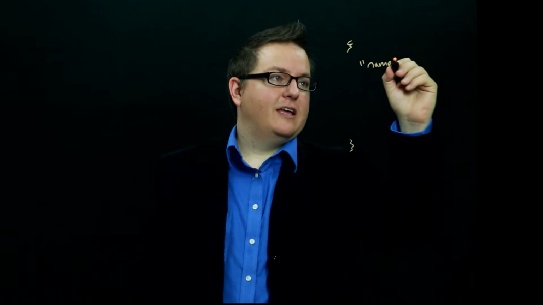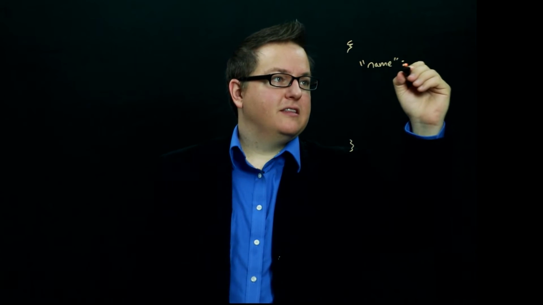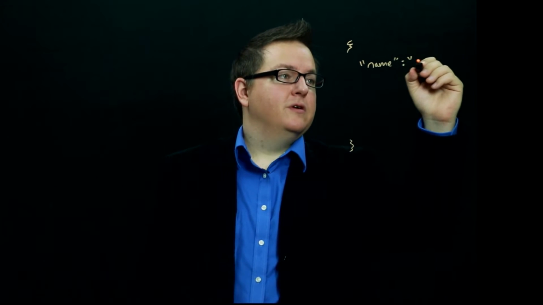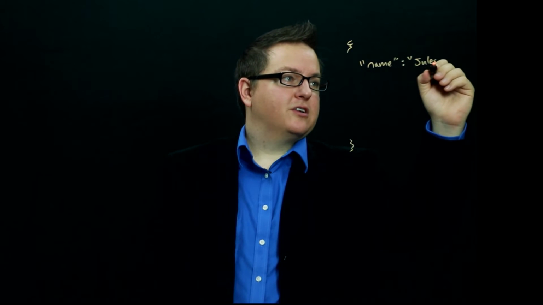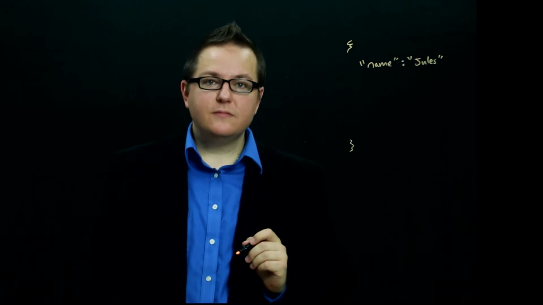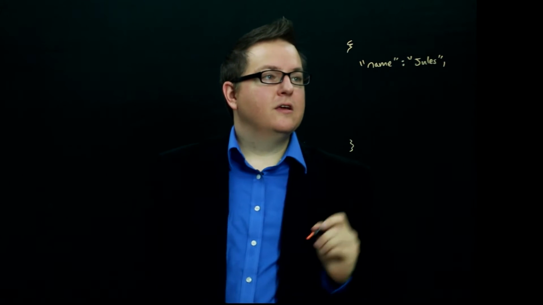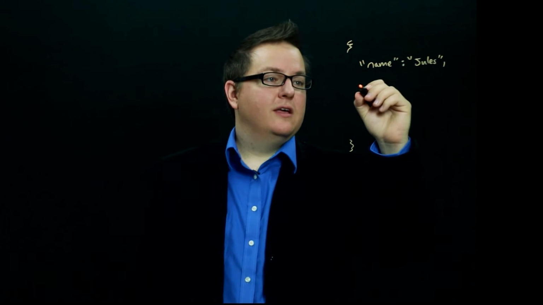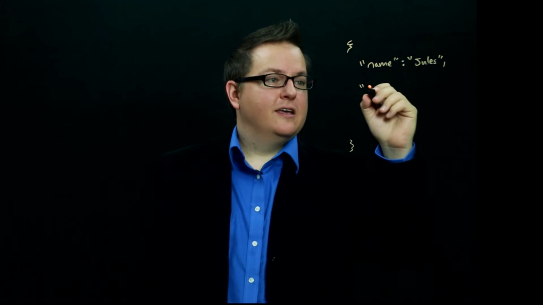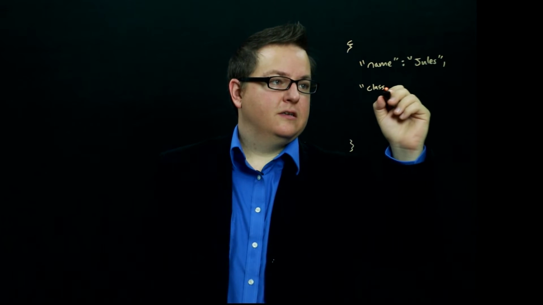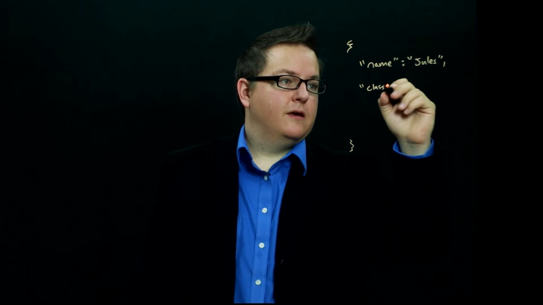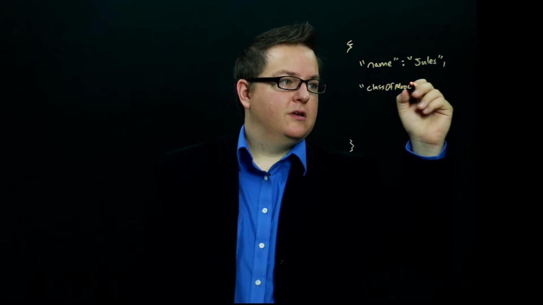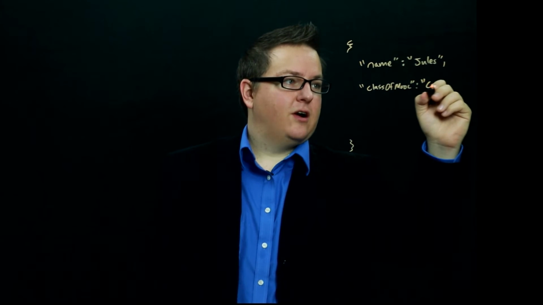So let's say we have in this object a key called name, or a member variable called name. We would then express the mapping of that name to the actual value as follows. And then let's say that we wanted to have another property in this object. We could add another one, and we could say class of MOOC, and then we could say Coursera.